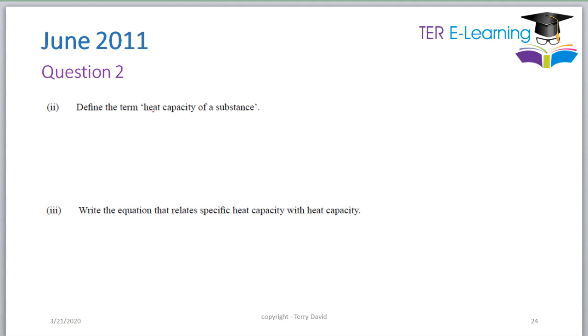So the next question now is asking us about heat capacity of a substance. So it's asking us to define heat capacity. Can somebody tell me what is heat capacity?